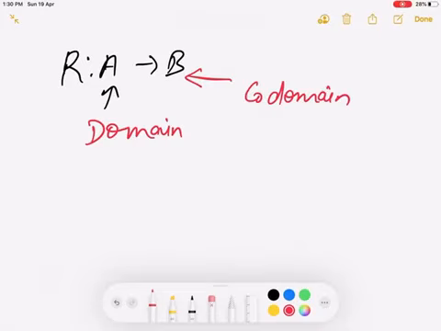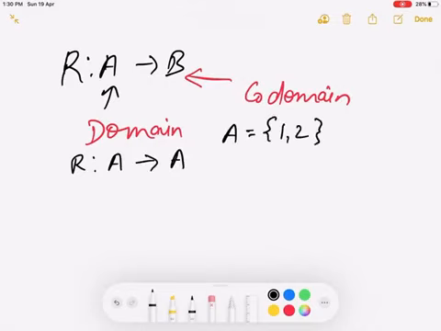We can also form a relation in such a manner that both domain and codomain are the same set. For example, if we take R as a relation from A to A, let us say A is 1, 2. So if R is a relation from A to A, it can contain ordered pairs such that the first element comes from A and the second element also comes from A. So we can write R as 1, 1 and 2, 2.